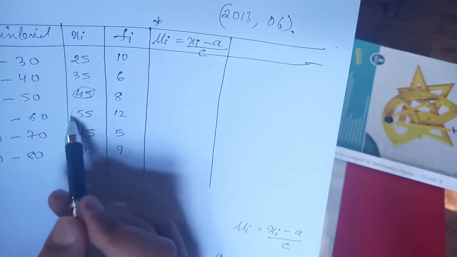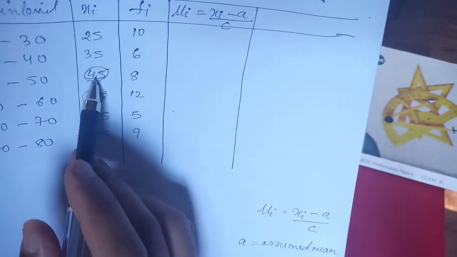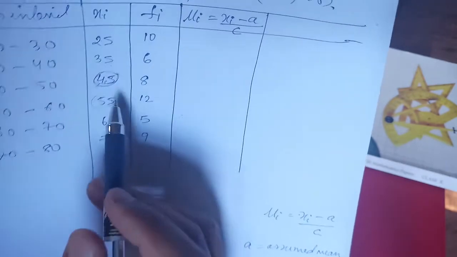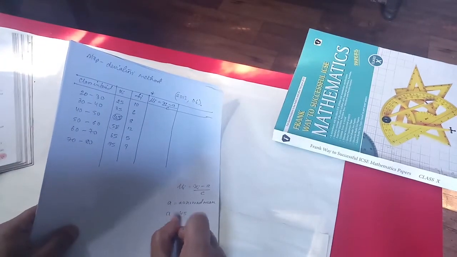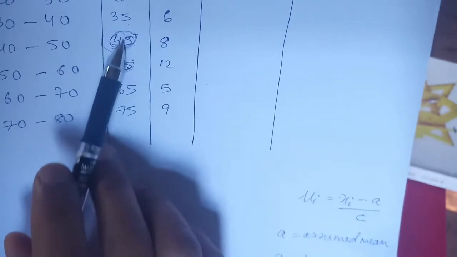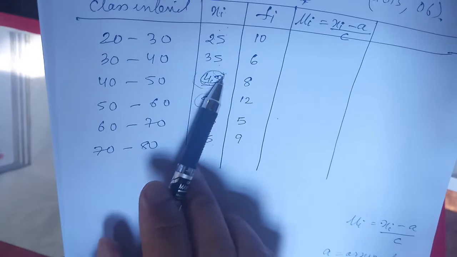You can also take it as 55. So let us take 45. The value of a, you have to pick from any one of these. Since these are not in the center, we can take either 45 or 55. But we have taken 45 here. So a is 45 here.